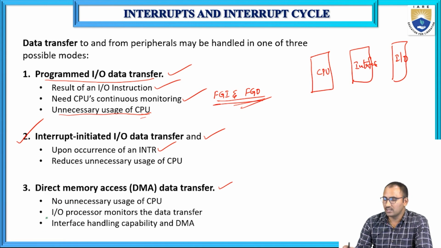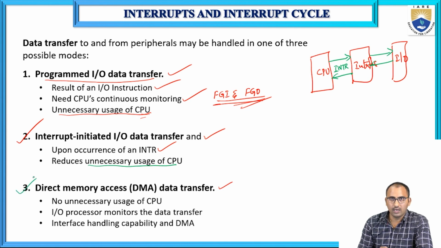When the IO device is ready to transfer the data, this interface unit will send an interrupt to the CPU, so that the CPU can understand that a data transfer is required, and the CPU will get involved in the data transfer. This reduces the unnecessary usage of the CPU's time. The CPU will get involved only if the data transfer takes place. When the data transfer is not taking place, the CPU will not get involved.